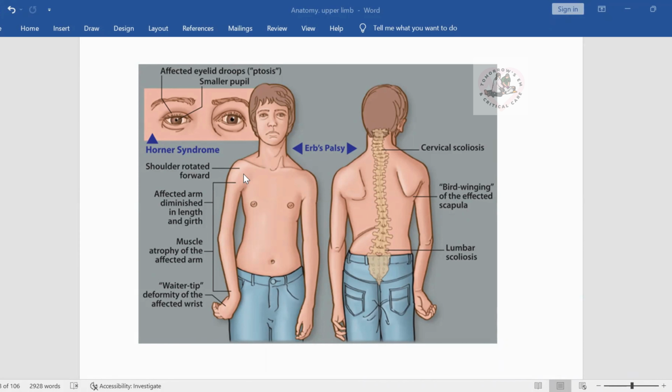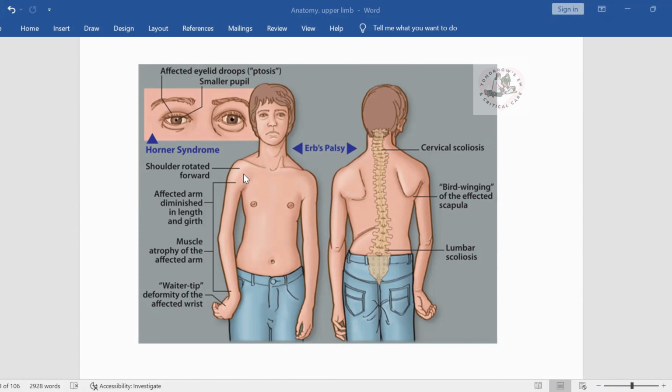So loss of abduction of the arm is a diagnostic feature of deltoid palsy, and there will be loss of elbow flexion due to paralysis of which muscle? Biceps, brachialis. Clear? So there should be significant deformities like waiter's tip posture, hand points backwards, pronated, shoulder rotated forwards, short arm in comparison with normal arm.